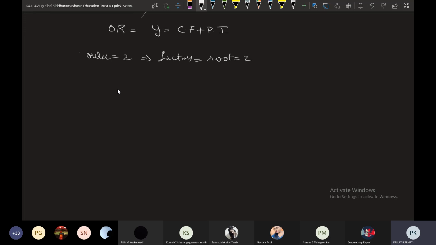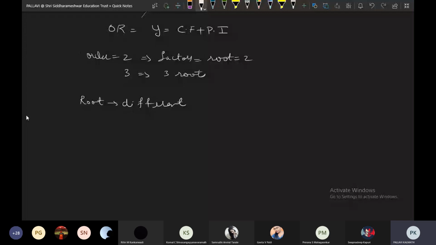You are going to give me 2 roots. And if I give you a cubic equation, you are going to give me 3 roots. So as per the order of the given equation, that many will be the roots. Now we are going to study the different types of roots.